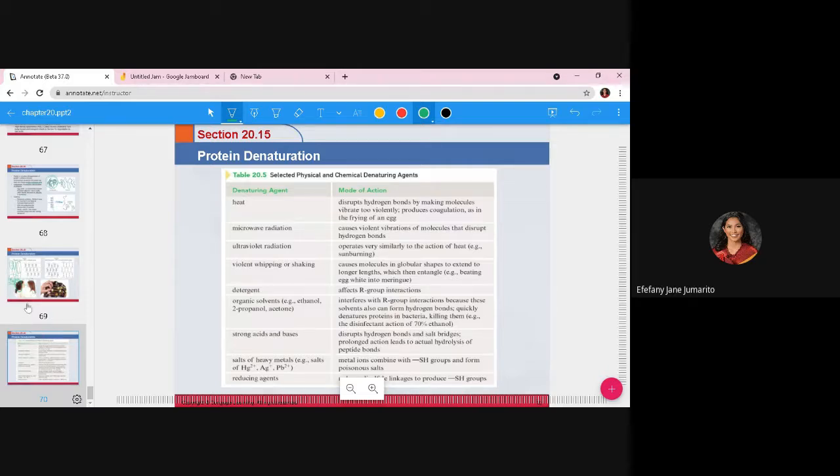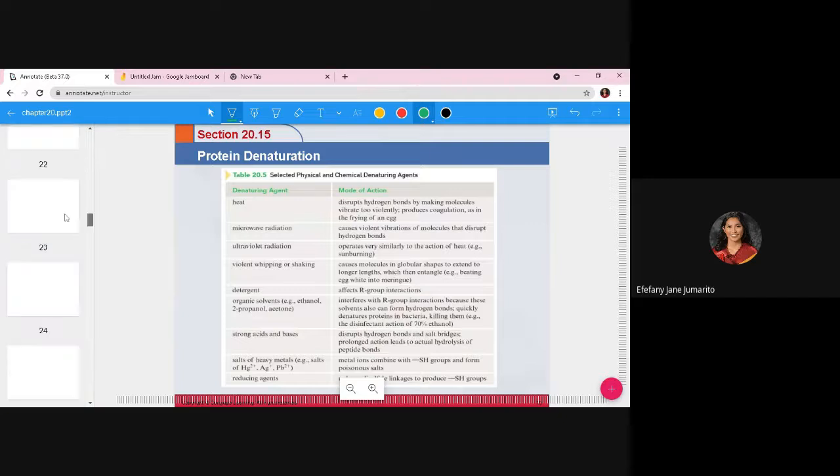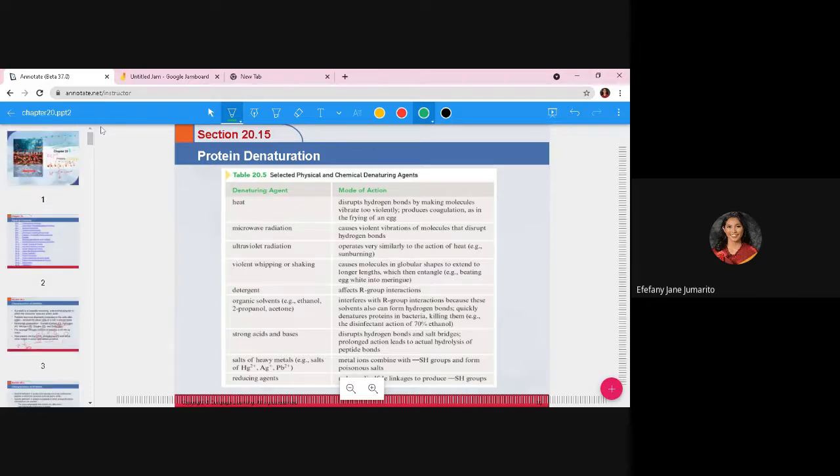All right, so we are done. Okay, so that's all for proteins. Don't forget, what's the bond in your hair? You have there your disulfide bonds.